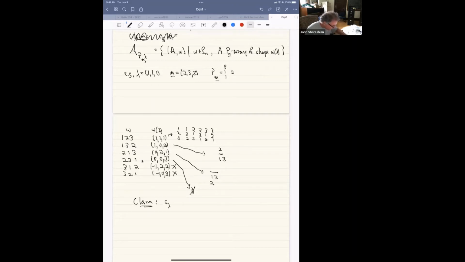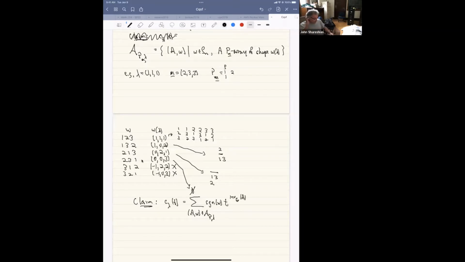is that the coefficient of S lambda, right, which we want to express in terms of tableau, we can at least express in terms of arrays. Okay.